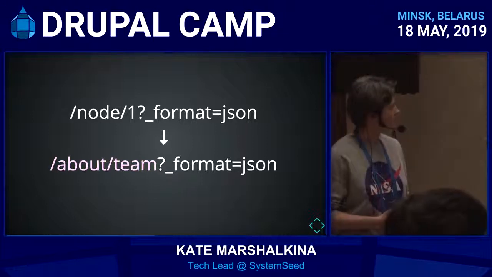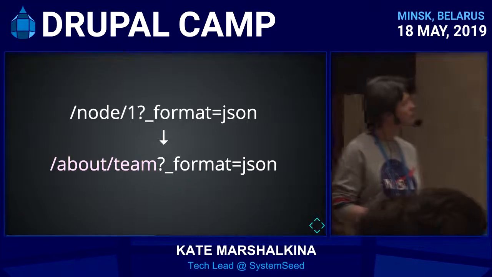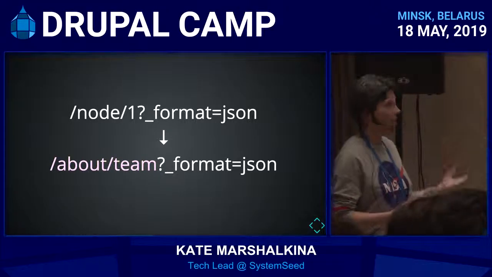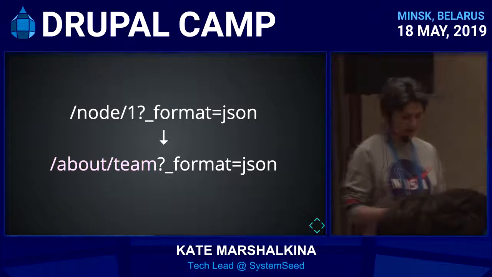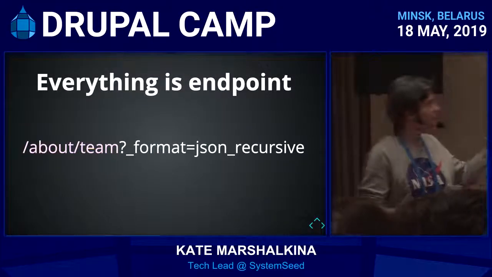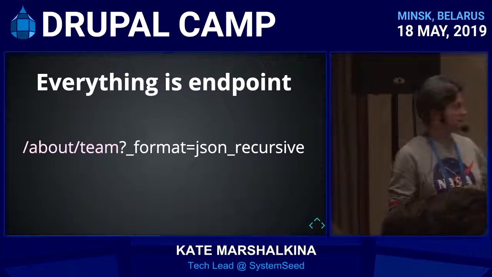So look at that second path. It doesn't really look like a common API endpoint. It doesn't have any API prefix or something, but actually it is. This is a valid API request using REST entity recursive.